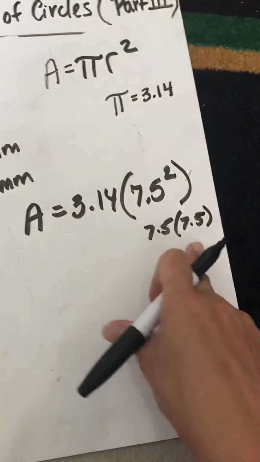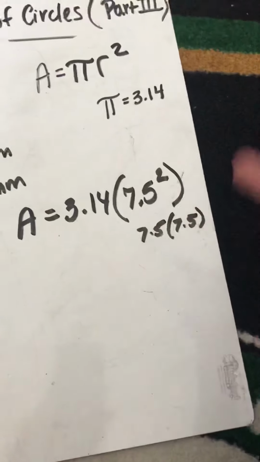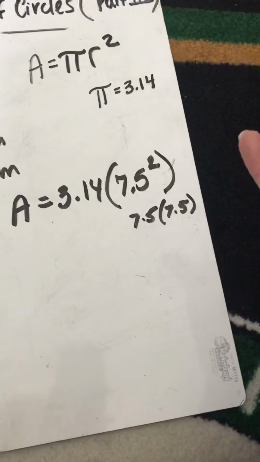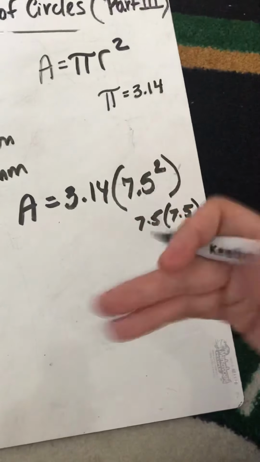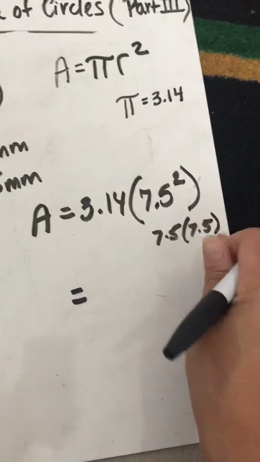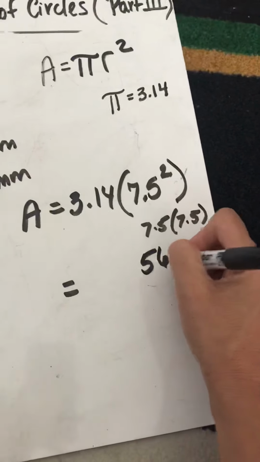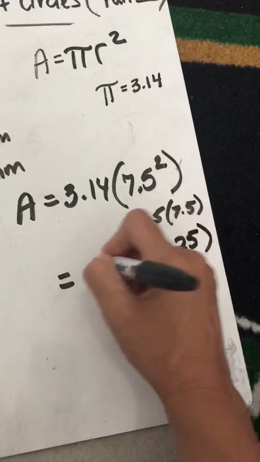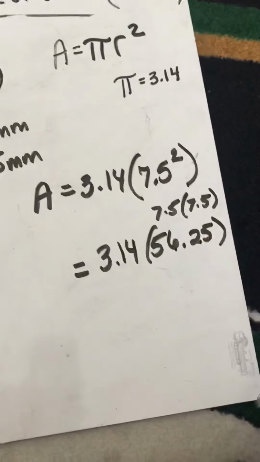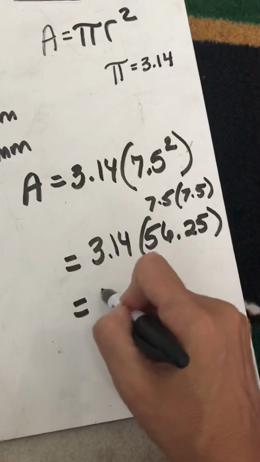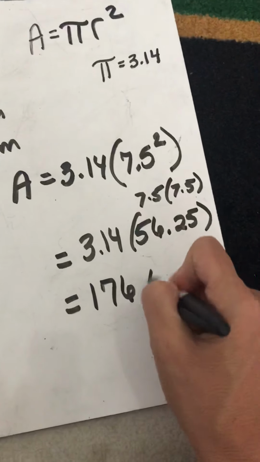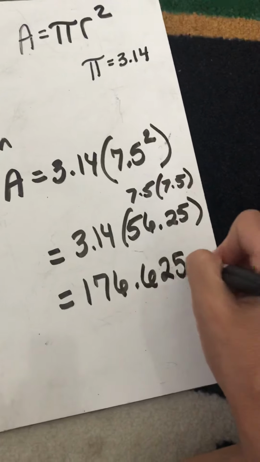You don't have to write that out. Some of you may want to make sure you're getting the accurate answer. And then you're going to obviously square. You'll get 56.25. And then you can times that by pi. And then you can get the final answer.